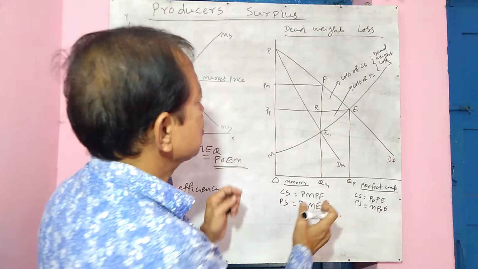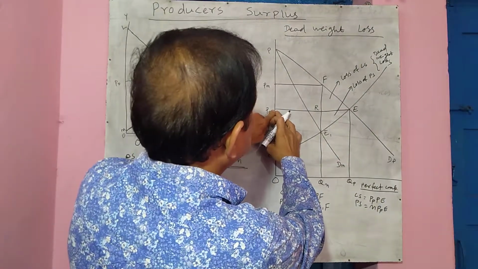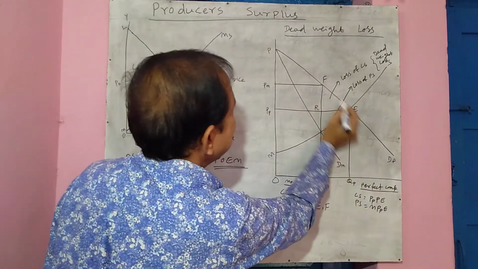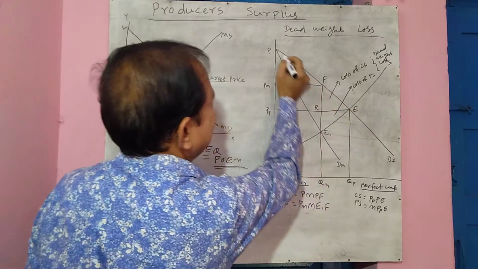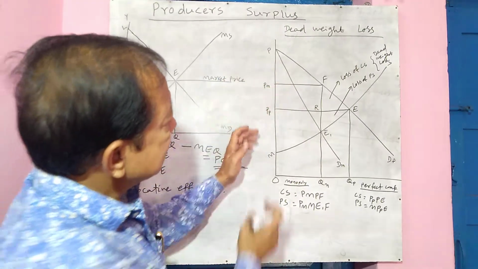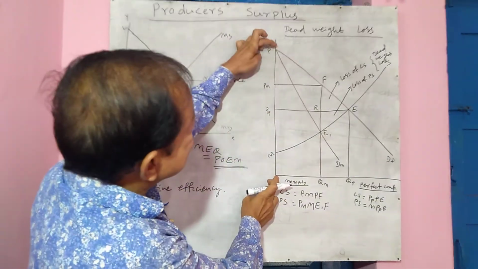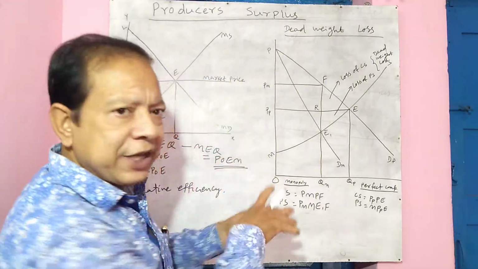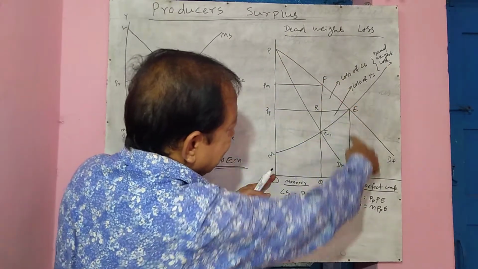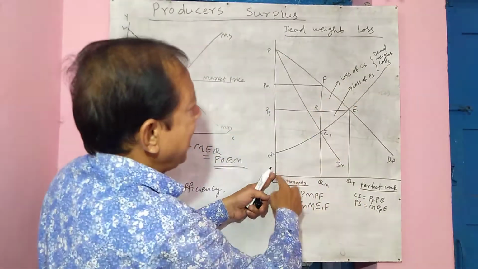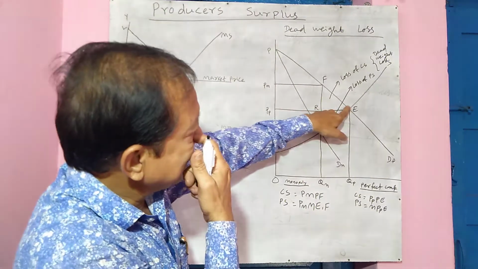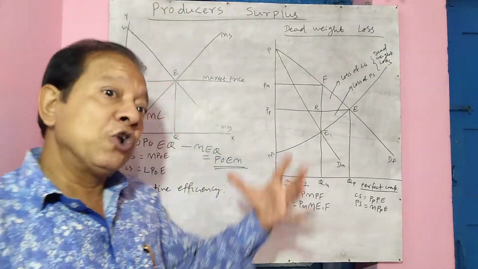Therefore, the total consumer surplus will be PP, P and E. This total triangle is the consumer surplus for the consumers under perfect competition. Because you see, this is the price they pay, but the satisfaction they get is up to OP. So therefore, the total utility they will get is OP, E, QP, this much, and the price they pay is this much. Therefore, this triangle P, PP, E is the consumer surplus under perfect competition.